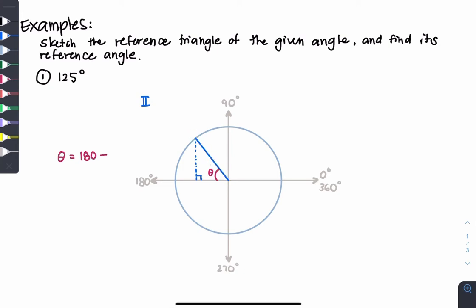So this would be 180 minus 125. When we do that, and you can use your calculator if you need it, this will give us a reference angle of 55 degrees.